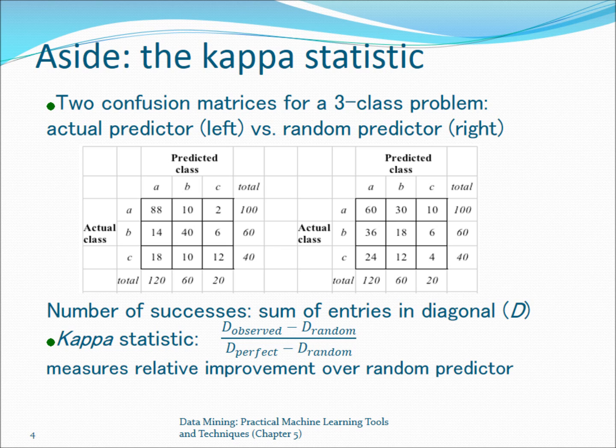So your gain is not a real 70% accuracy. You need to take away the baseline. Make sense? And then the kappa statistic is what you observe, which is 140, minus the random, that's about 82. 82 divided by the perfect, that's 200 minus this total 82.